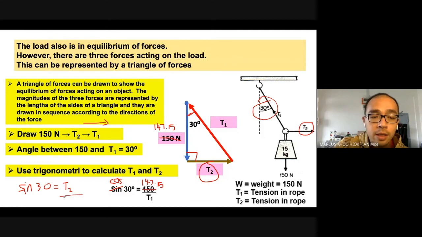Because you already got T1, which is 169.919 newtons. So since I have T1, I can calculate sine 30, and sine is opposite over hypotenuse. So T2 over T1. Okay, I can calculate this T2.